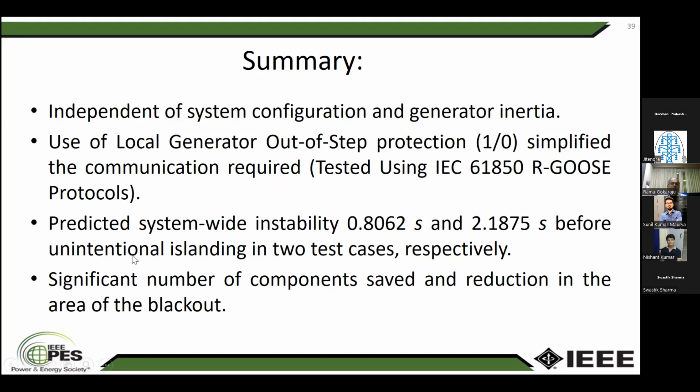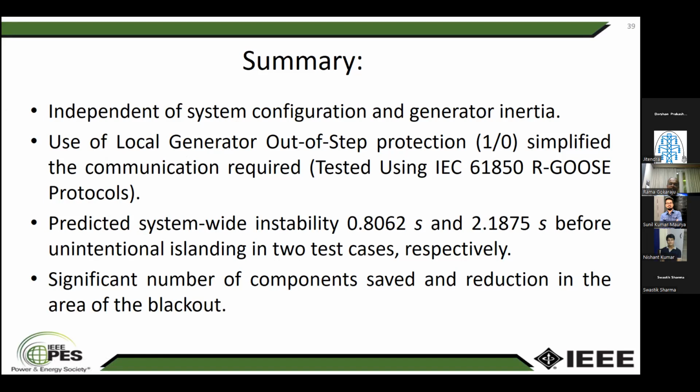The second key advantage of our algorithm was think locally and act globally. So that's how a protection and control operates. The use of local generator out-of-step protection was the think local action. And it also simplified the communication to the central control room.